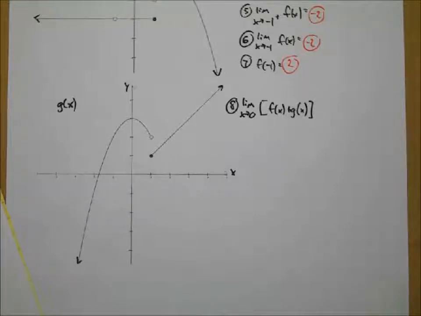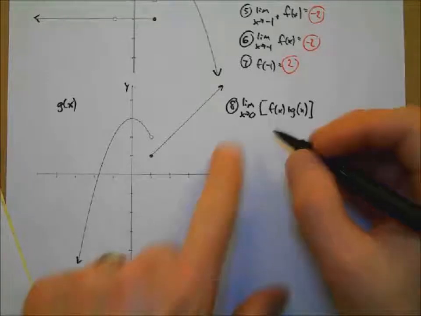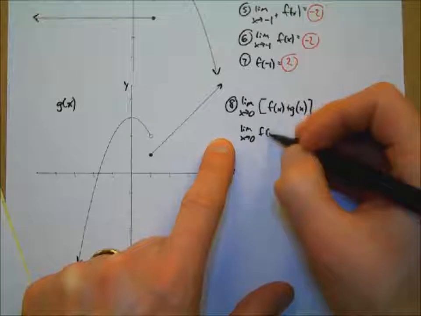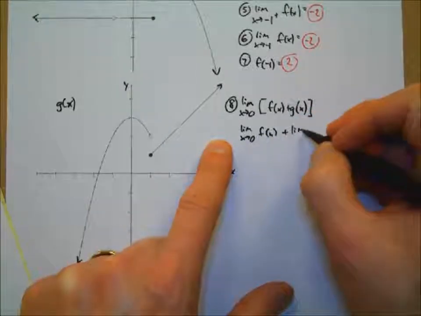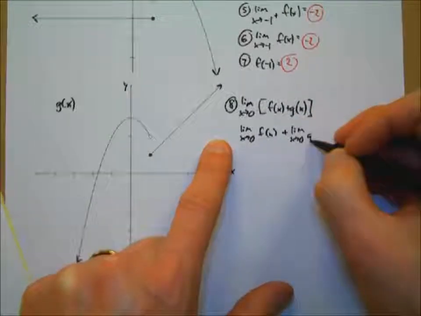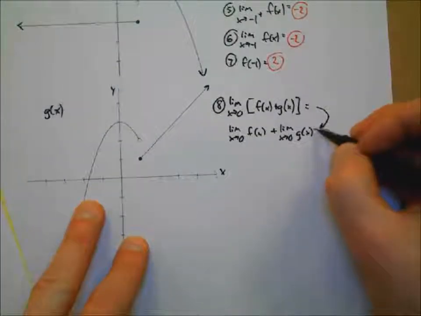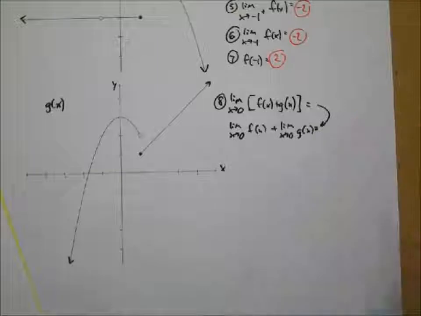When you take the limit of a sum, you can then just take the limit of the individual parts and add your answers together. So in other words, we can evaluate this by just doing the limit as x approaches 0 of f of x plus the limit as x approaches 0 of g of x, right? So this is equal to this. Okay, they're saying the same thing.